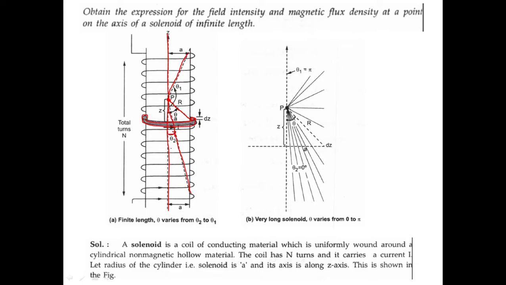The other angle, again from the Z axis, is theta, and one more angle is measured from the Z axis to the line drawn from point P to the top of the coil, that is theta 1.